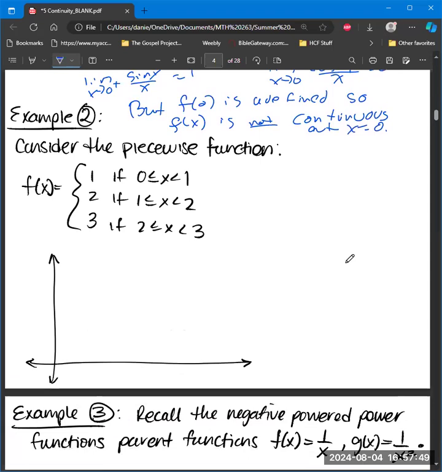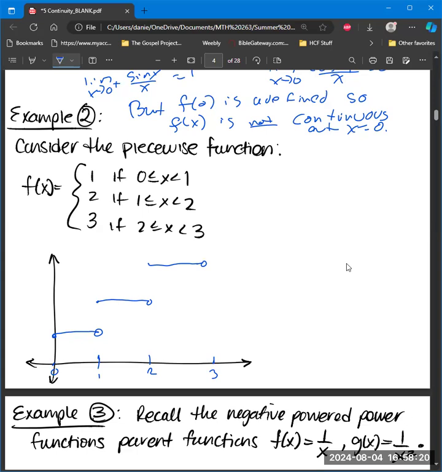So let's consider the piecewise function y equals 1 if we're between 0 and 1, and then 2 if we're between 1 and 2, and then 3 if we're between 2 and 3, and so on. So this is 2, this is 3, this is 1, and this is 0.